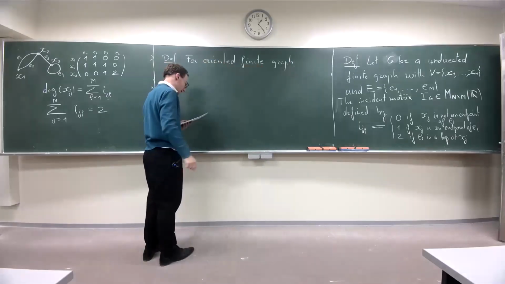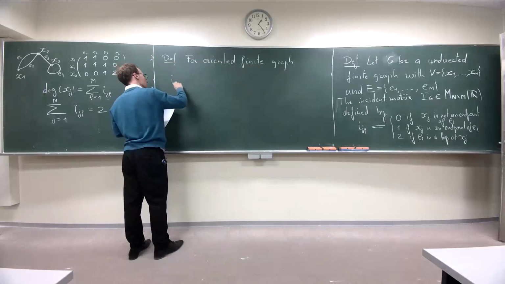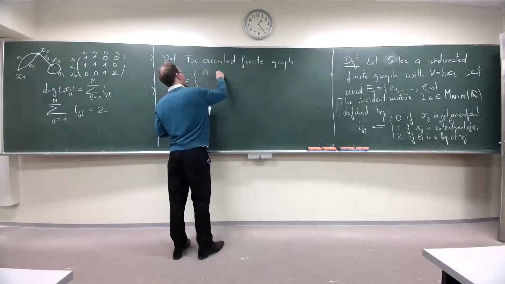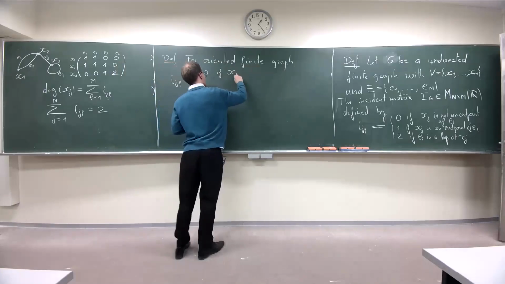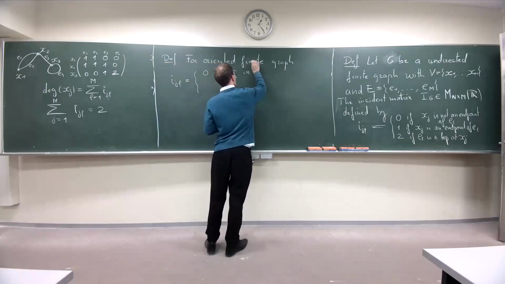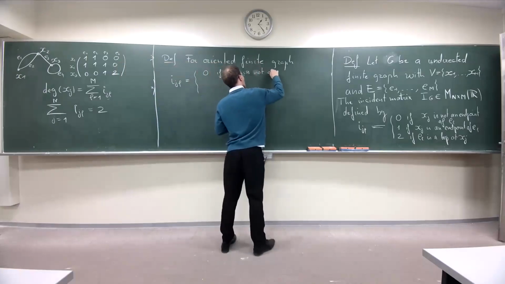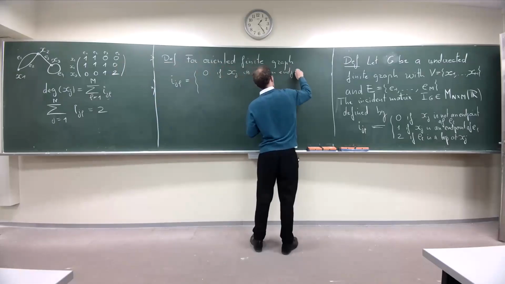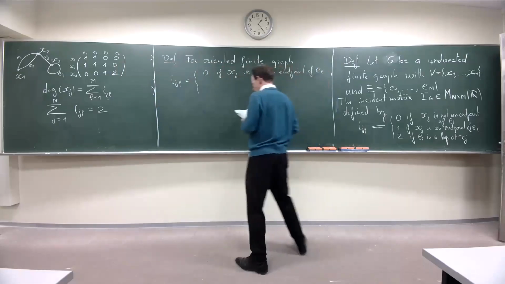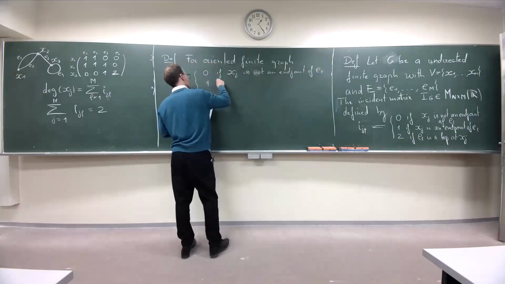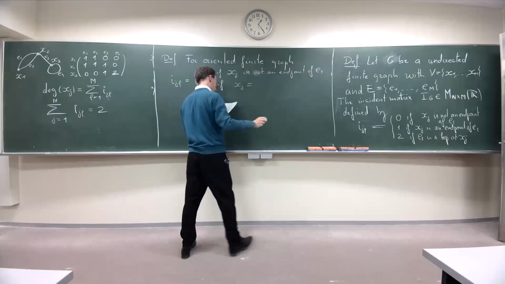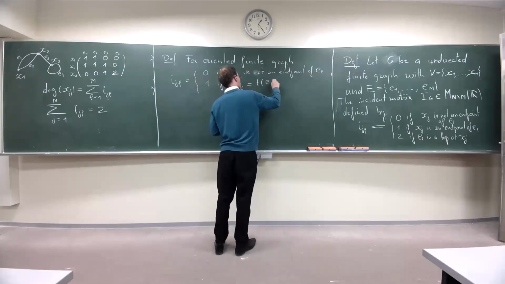I don't write the sentence. a_ijl is given by 0 if xj is not an endpoint of EL, the same, it is 1 if xj is the target of EL.